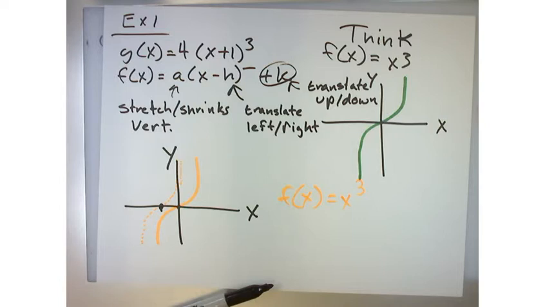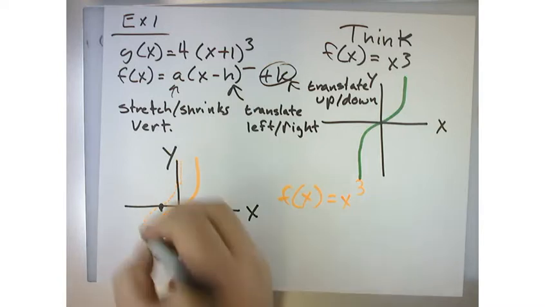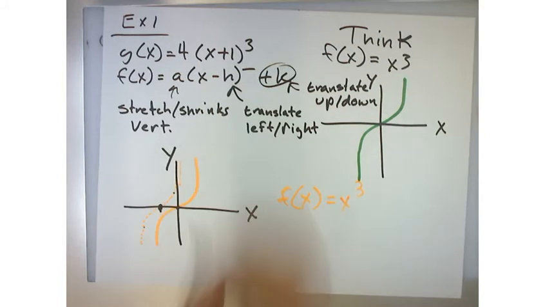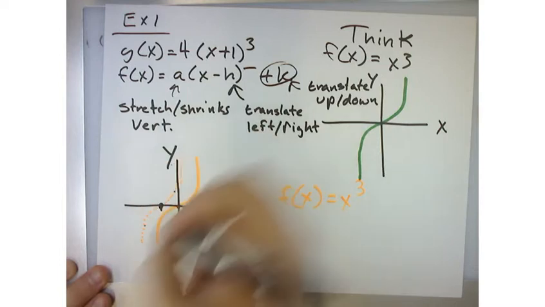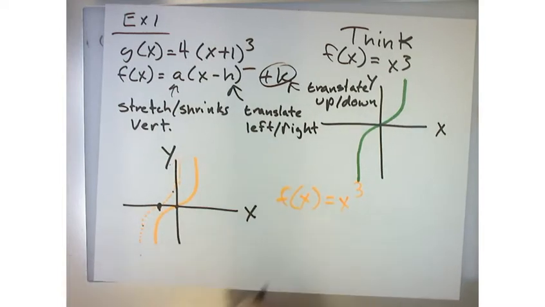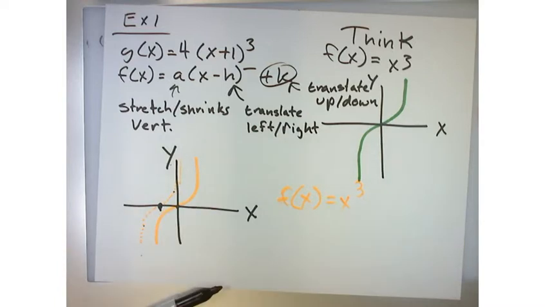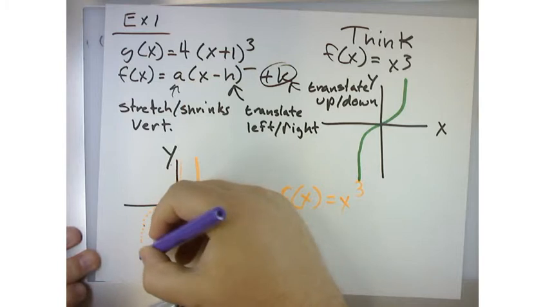So now if that's the case, what is the 4 going to do? Well, if I had 2 imaginary points on the graph, it would be 4 times further away. So I'd be way up here and way down here. So that means that my new graph should look something like this.